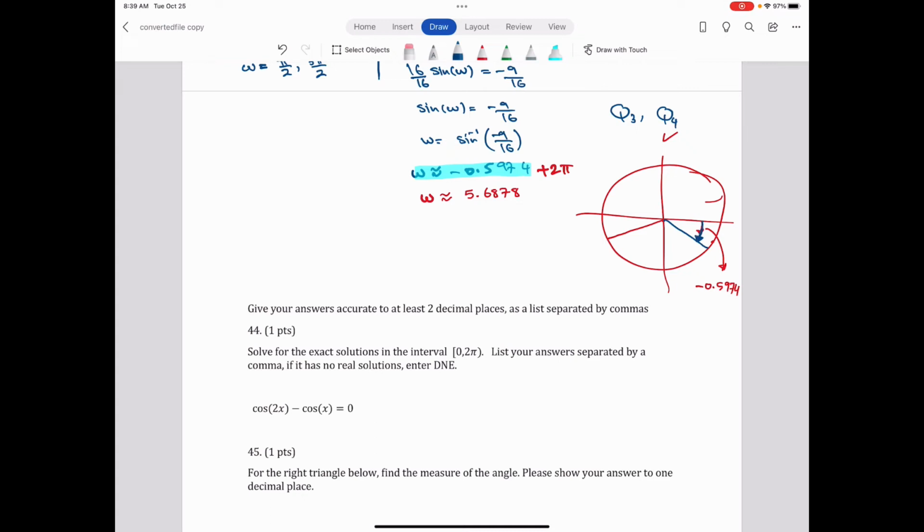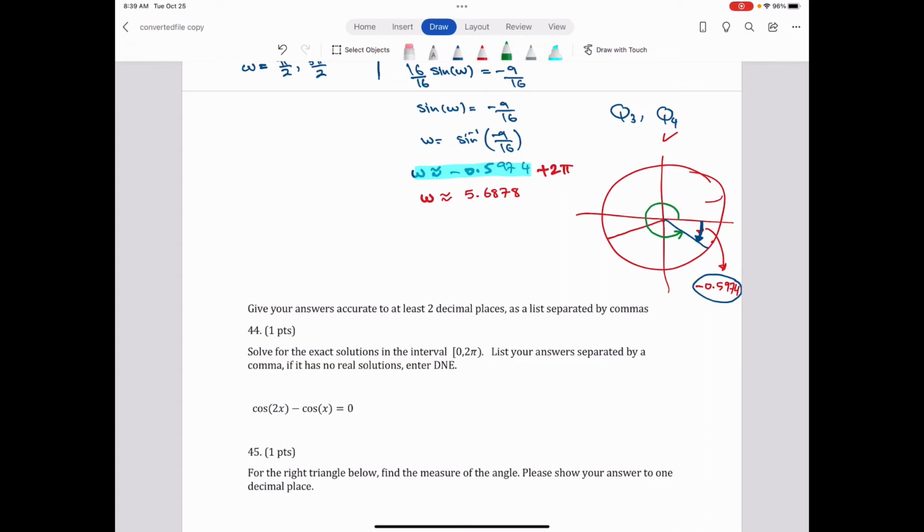That is the negative angle, and then to find the positive angle, we went backwards the other way. So 2 pi minus that much will give us the coterminal angle.